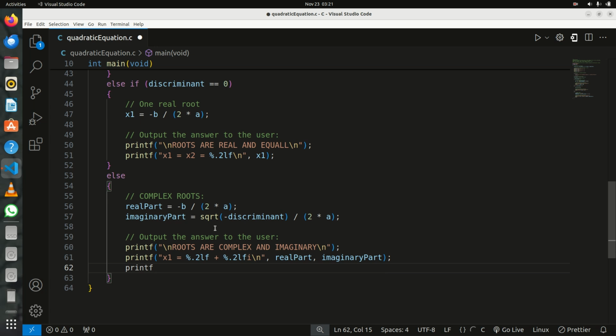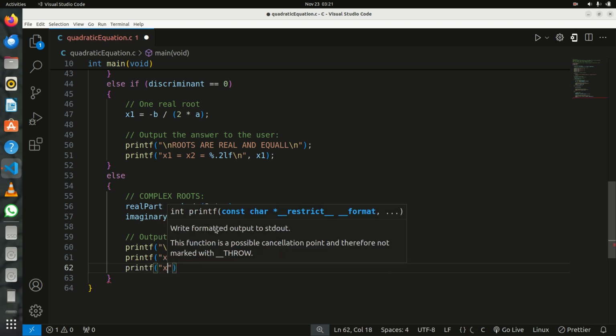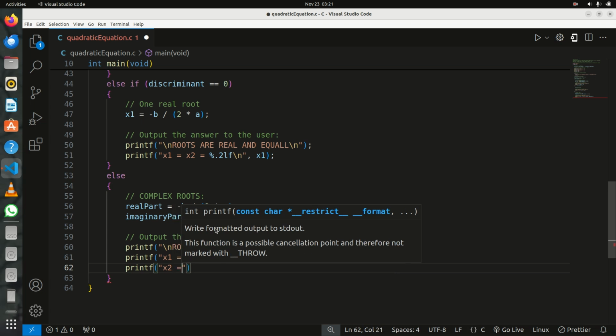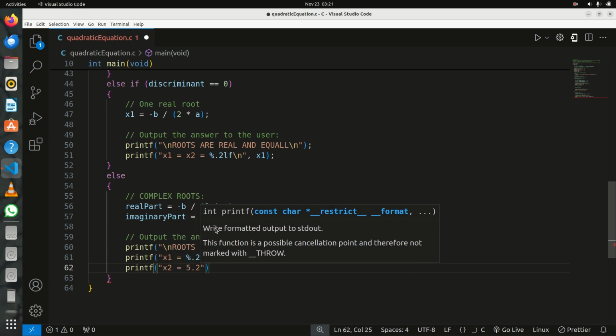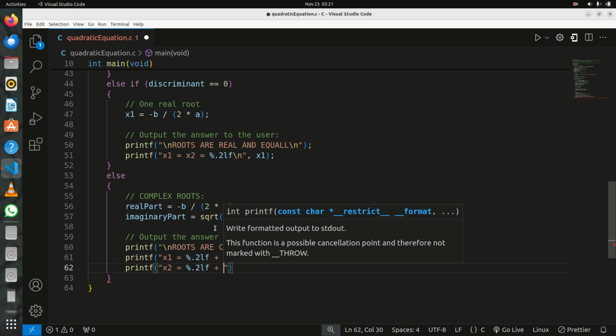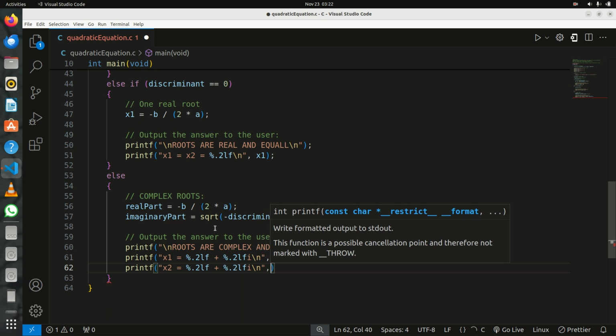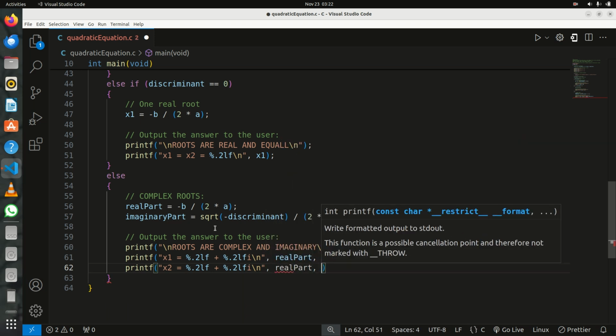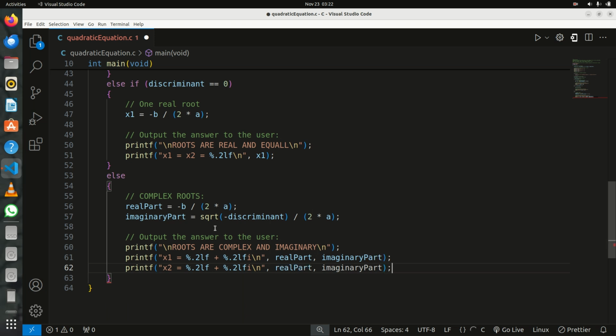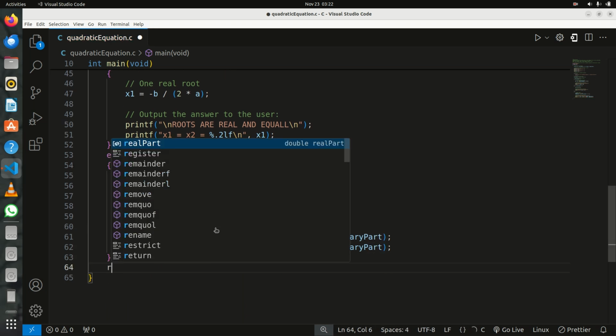For the second root, x2 equals percentage f plus i percentage f, real part, imaginary part. Wow, I've come to the end. Now return 0.